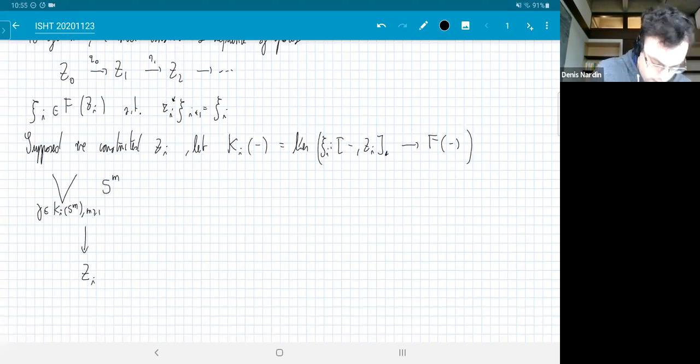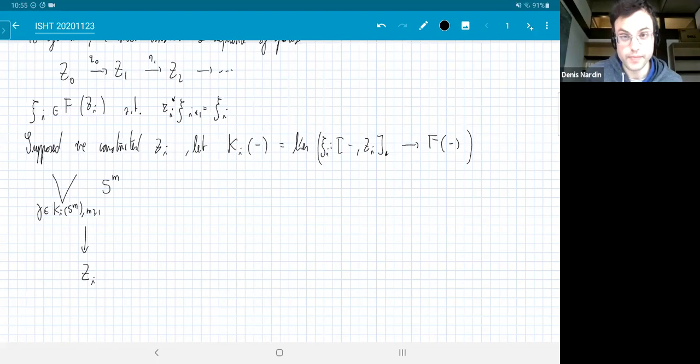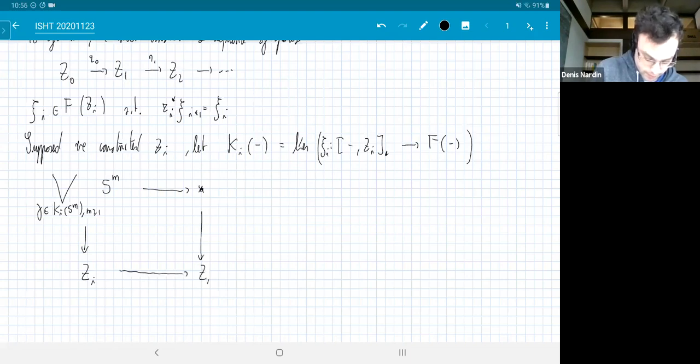We have this map, and these maps are the maps induced by Yoneda along the gammas. And well, let's cone them off because we can, so why not? And let's call this Ri plus 1.